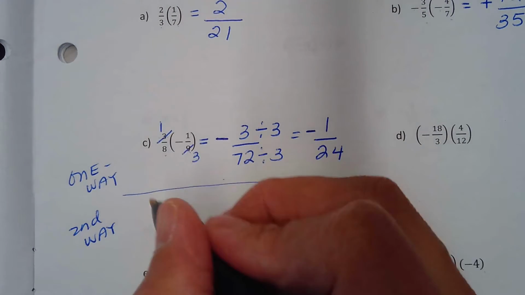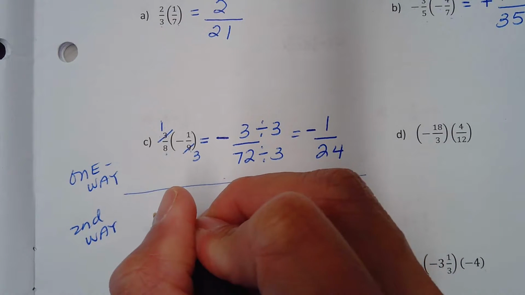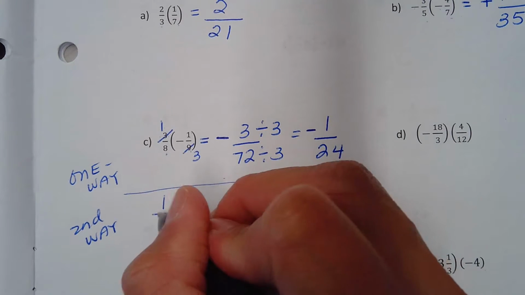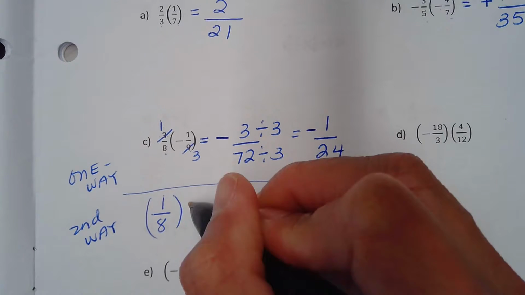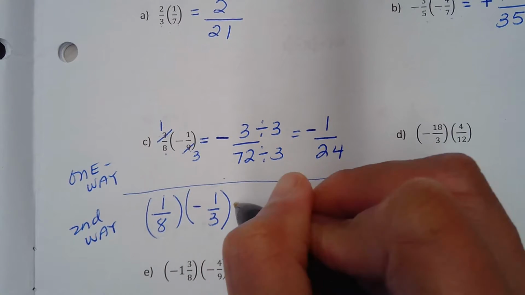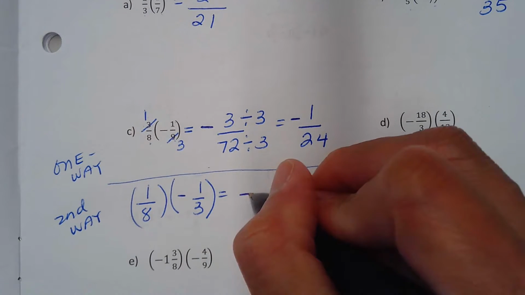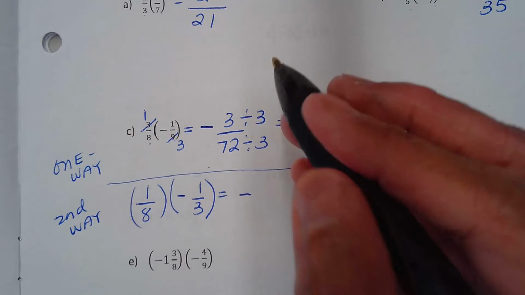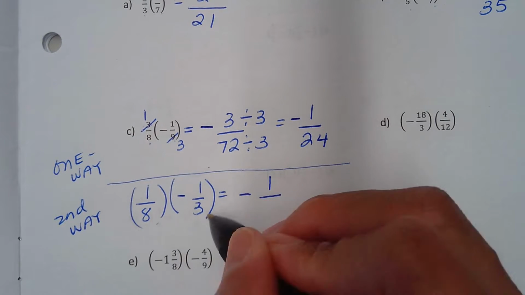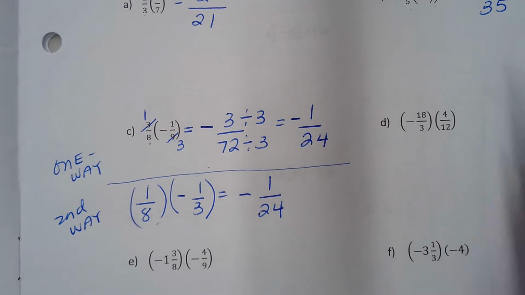So now, instead of 3/8, it becomes 1/8 times negative 1/3. Okay, what does that equal? It's going to be negative 1 times 1 is 1. 8 times 3 is 24. Got the same answer.